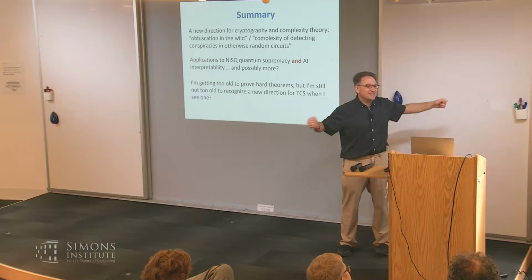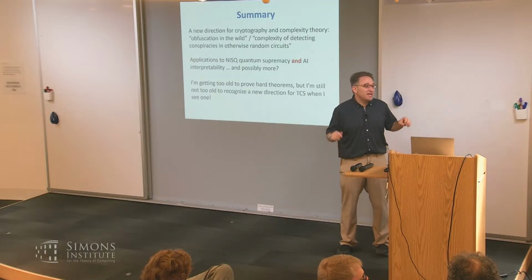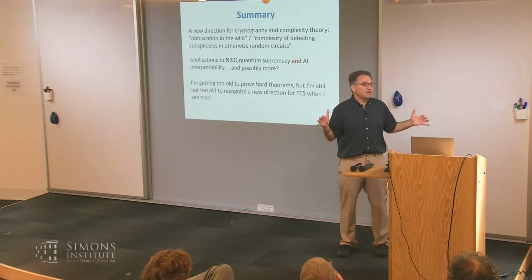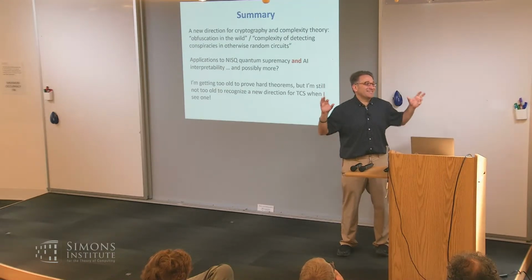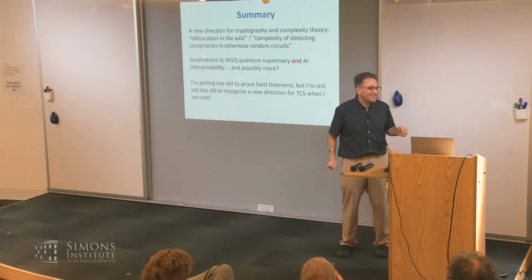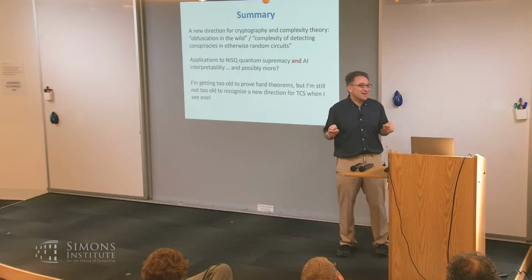You do get this concentration of amplitude on a single output string. Now, in order to make that happen, someone had to very carefully construct that graph, right? So it wasn't just a totally generic graph. And for 20 years that's been the issue for it. We don't know what happens in a more generic situation.